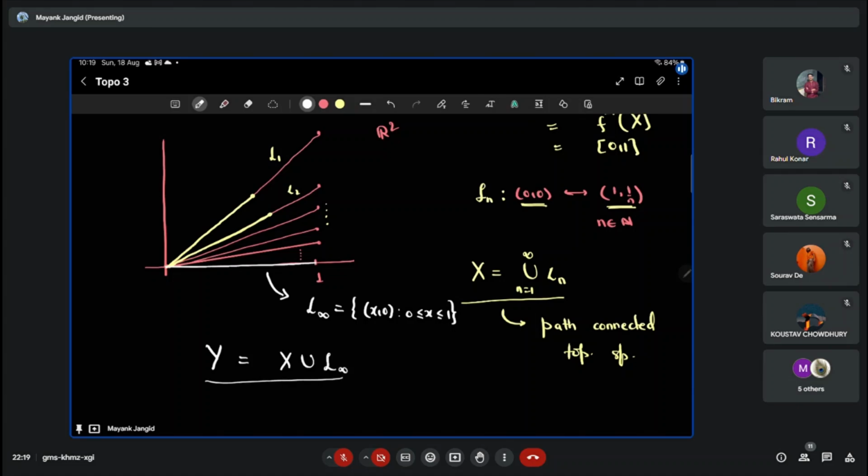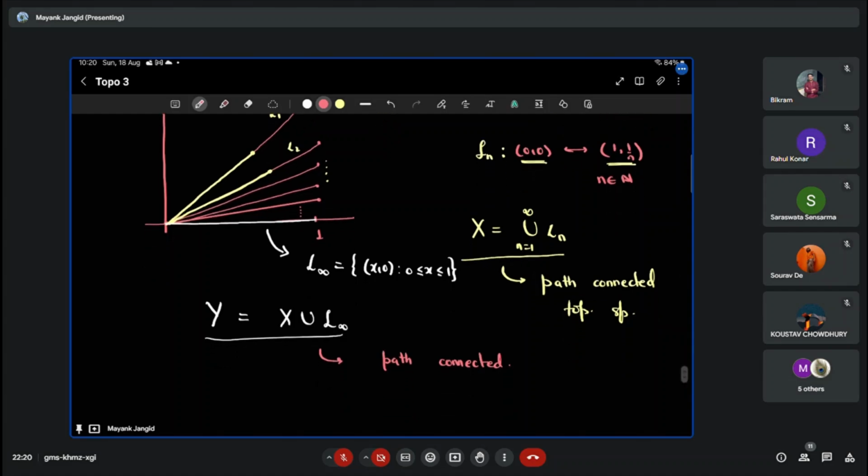Then from the same arguments that I gave earlier, Y is also a path connected space.